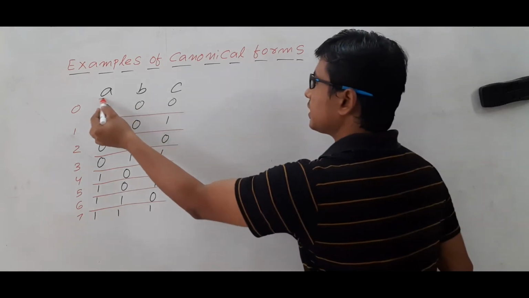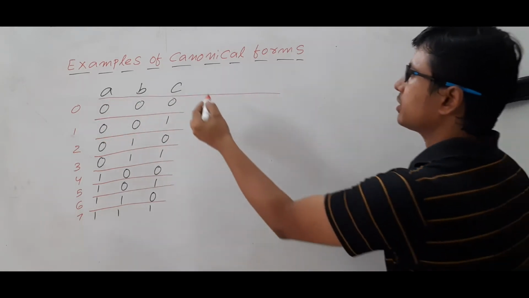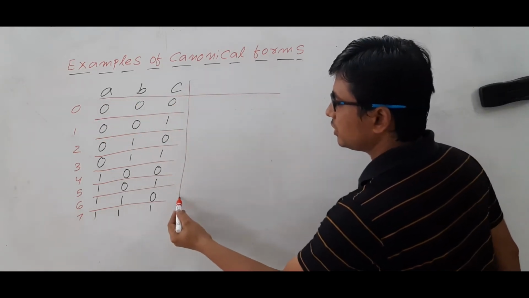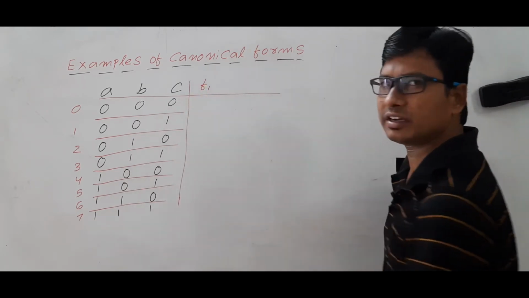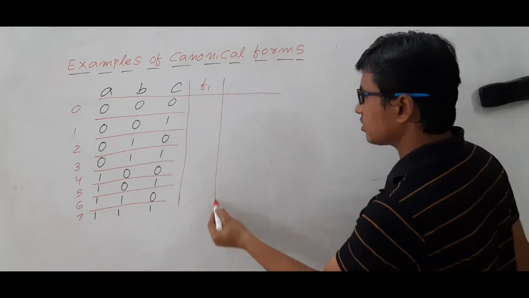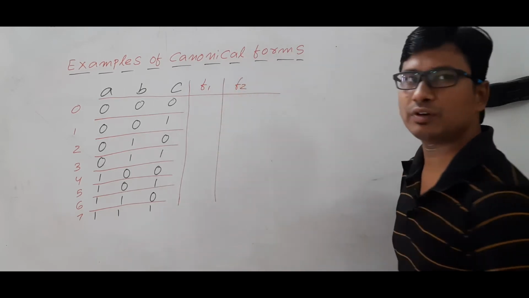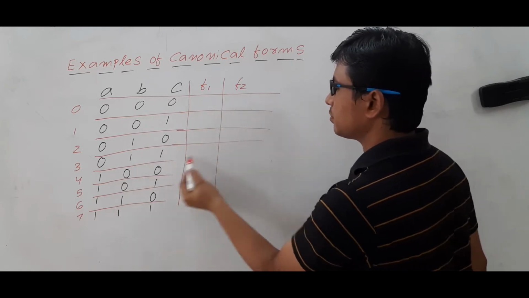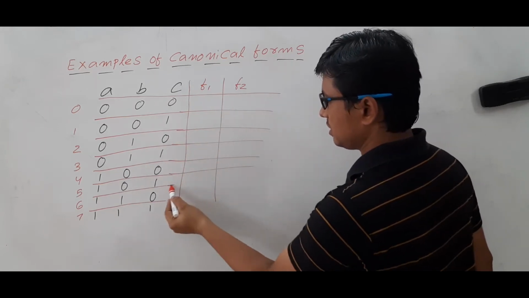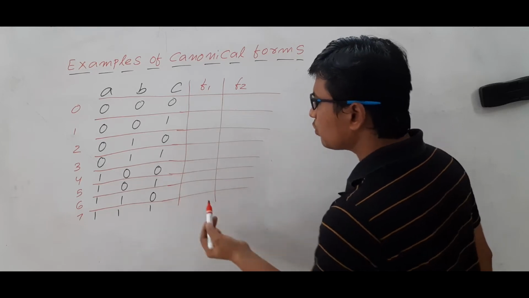So to make you understand the sum of products and product of sums, what we need to do? We need to take some functions. I will take a function called f1 and another function called f2. For these two functions, I want to represent them in sum of products and product of sums. Is it clear? Now I am not worrying about what this function is.